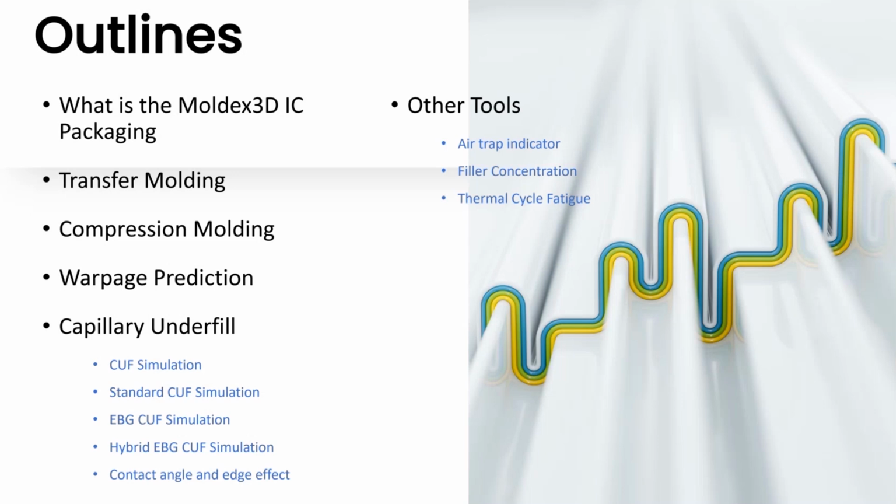Of course, I will also introduce our capability of predicting warpage. If the time is long enough, I can also show you some very handy tools like the air trap indicator, filler concentration, and thermal cycle test.